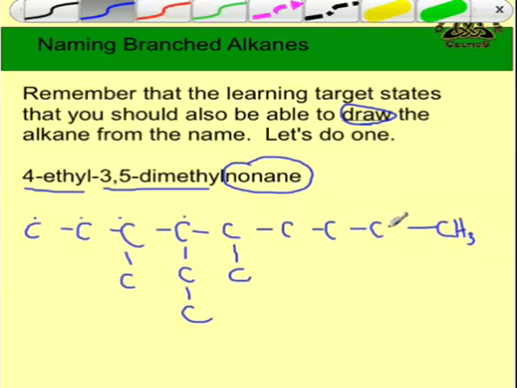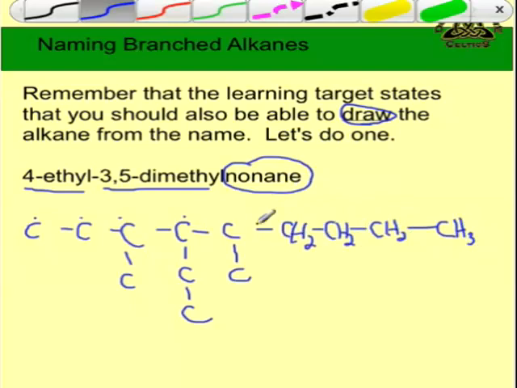This carbon has 2 bonds. It has a bond to the previous carbon and a bond to the following carbon. We have 2 more bonds we have to take care of. So we're going to write H2, and that will be true for this carbon as well, and this carbon as well.